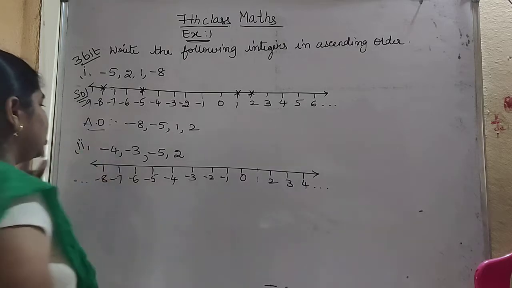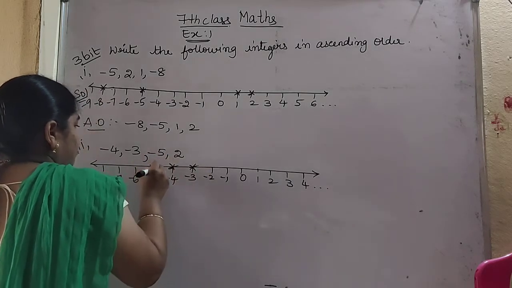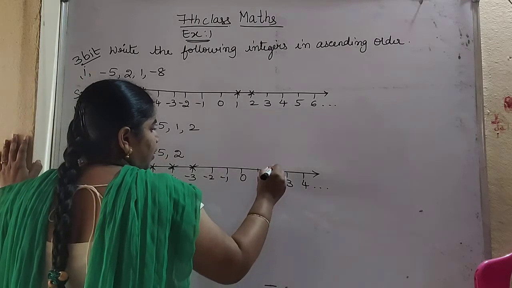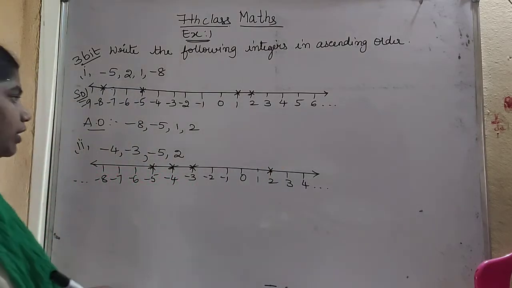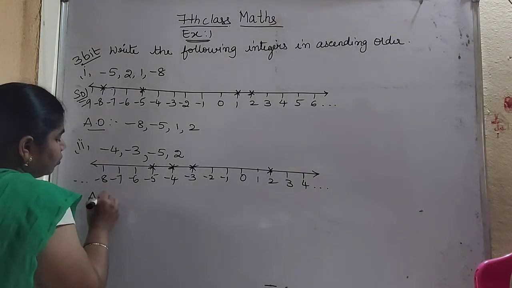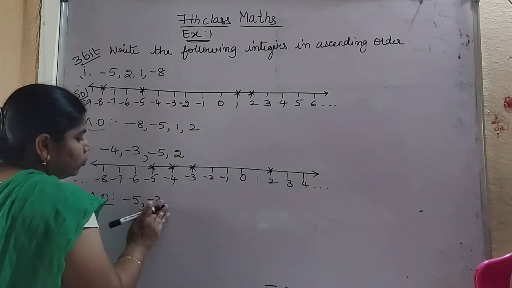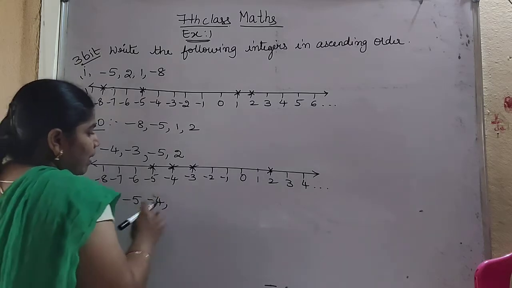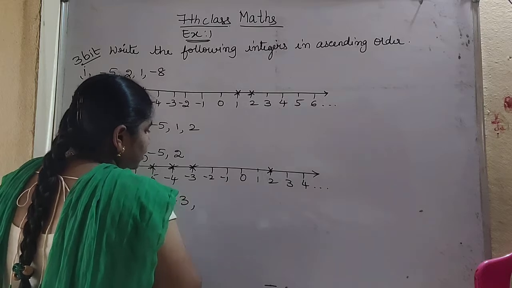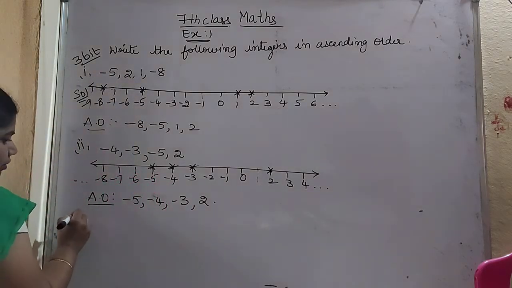What is the first number here? -4. After that -3, -5 and 2. So how to arrange them? We have to arrange from left side onwards, because we are writing in ascending order. That is -5 is less than -4, -4 is less than -3 and -3 is less than 2. So this is our ascending order.